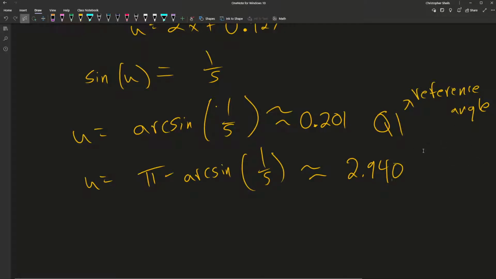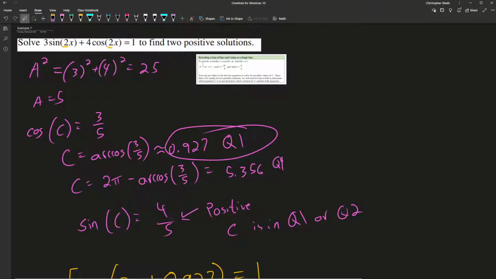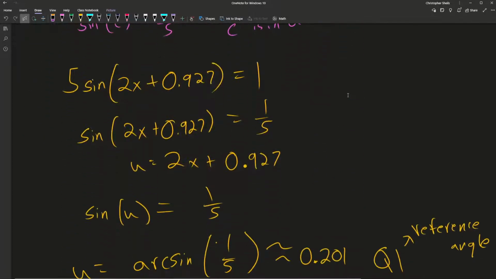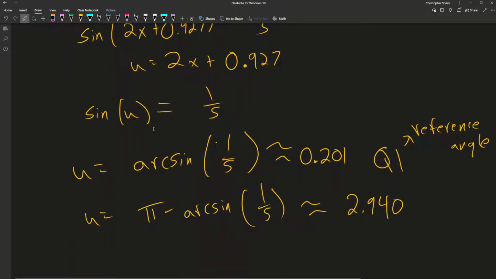Now, normally we would leave it at this, but this is asking us for two positive solutions. And once we undo the substitution, I think that once we subtract this 0.927 from both sides, we're going to get a negative answer for this one. So we should go ahead and try to find a third possible solution here, because I want to make sure I have two positive solutions.